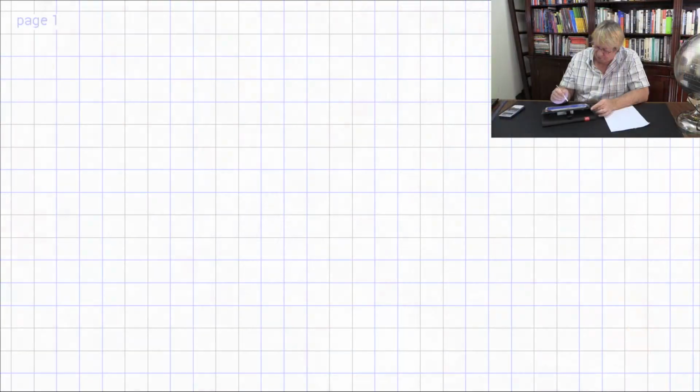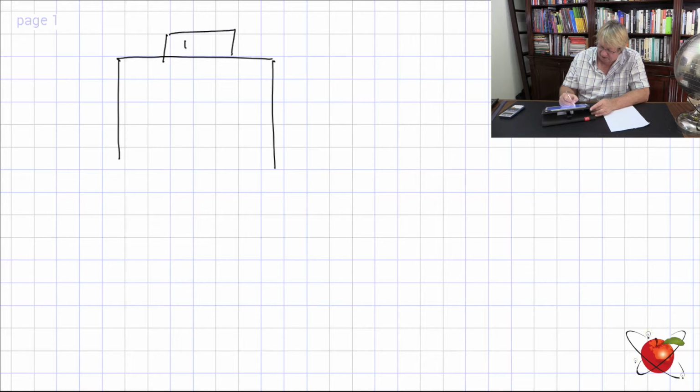Let's just draw it. They've given us a problem which, in essence, is we've got this, let's say, okay, and we've got 10 kilograms over there. We've got this coming here. All right. It's going over a pulley.